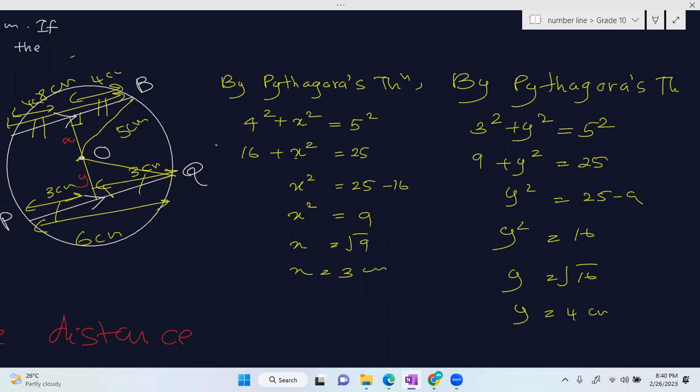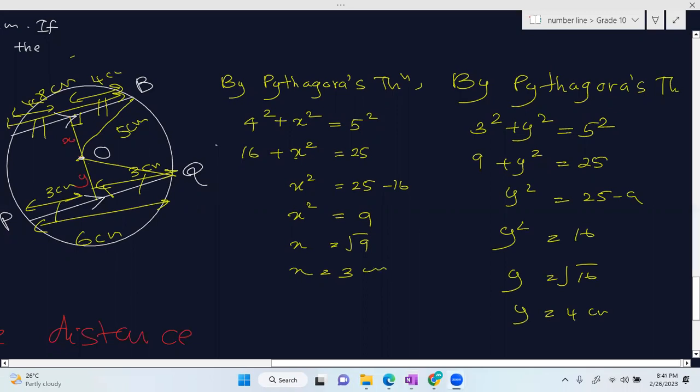This OQ is also 5 centimeters because they are radii of the same circle. Okay, then y is equal to 4 centimeters.